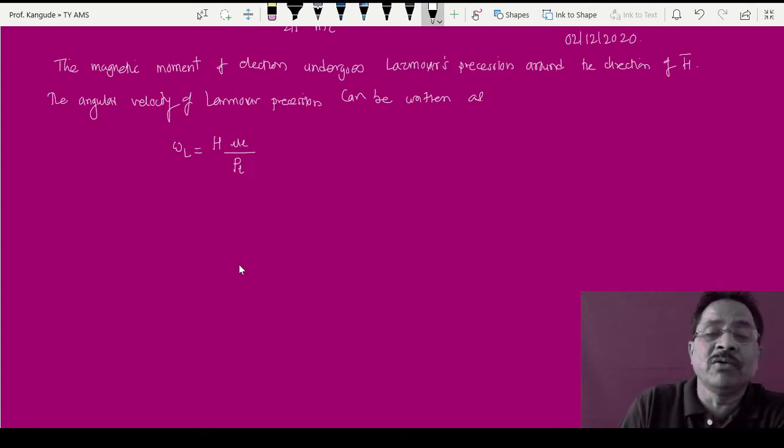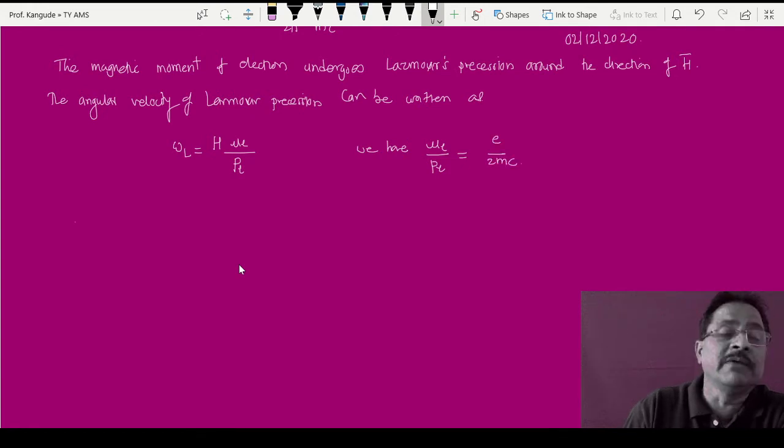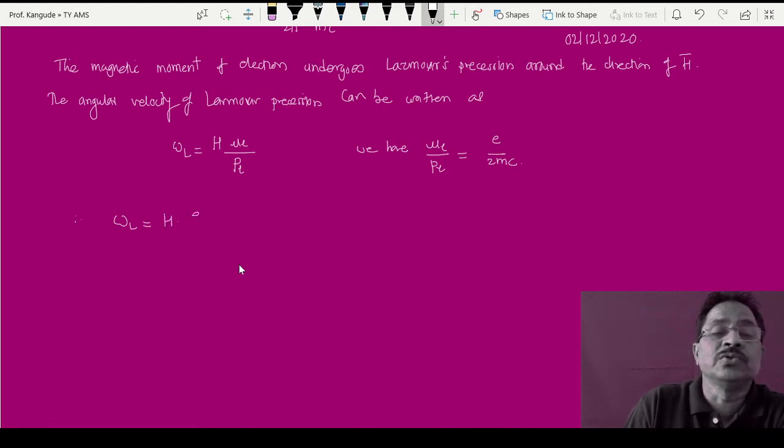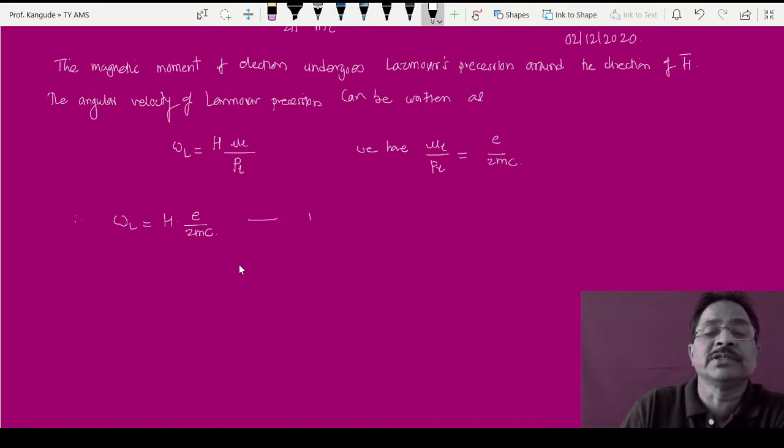But in the last lecture we have obtained this relation, mu L upon PL is given by E upon twice MC. Okay, we have seen this relationship in earlier derivation, and therefore this omega L, Larmor precession angular frequency, is given by H into E upon twice MC. Okay, now give a number to this equation as equation number 10.